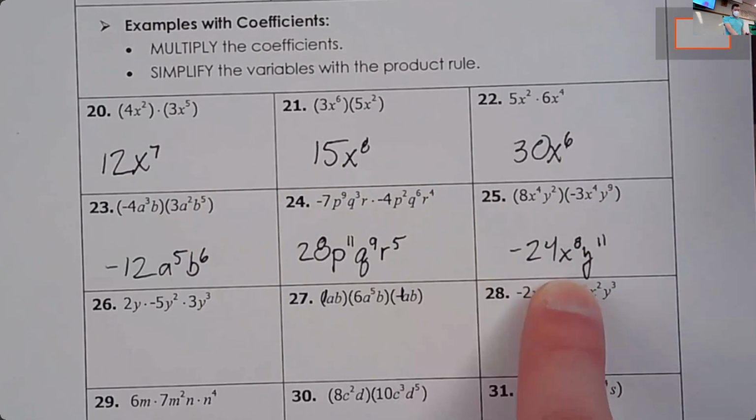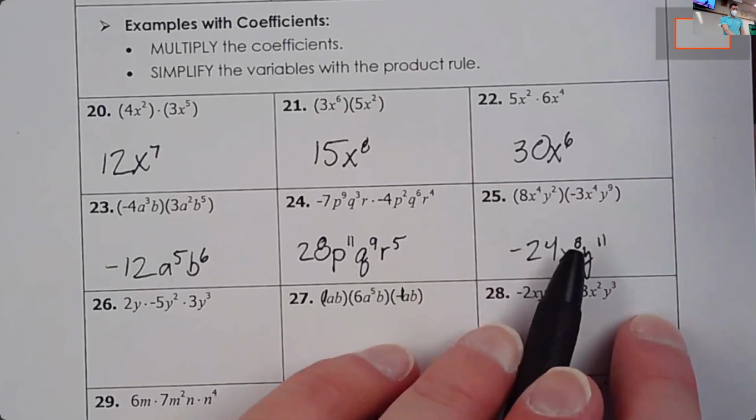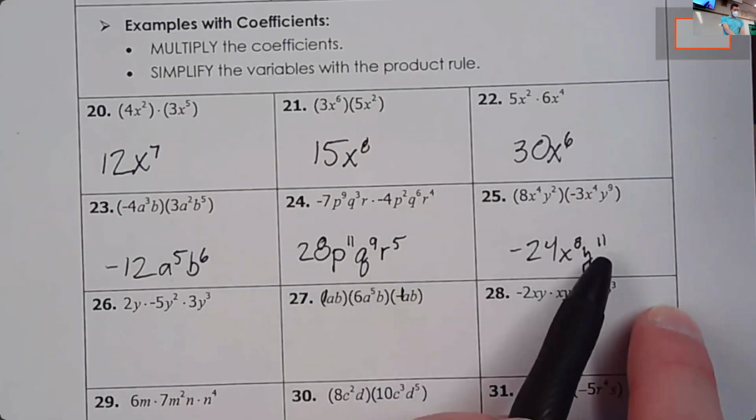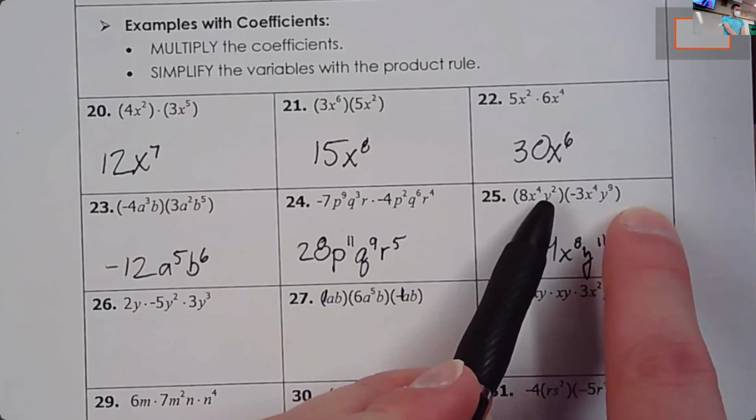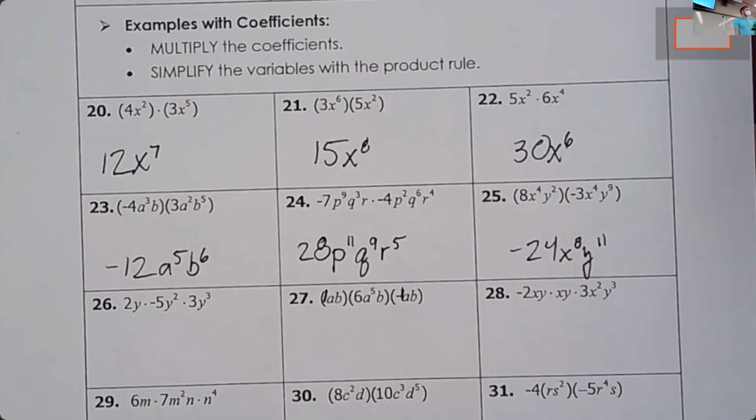And then x to the 8th power because x to the 4th and x to the 4th. Add the exponents to get 8. And then y to the 11th would be the y to the 2nd and y to the 9th. Add the exponents to get y to the 11th. Excellent. And if you have questions after we write an answer, if something doesn't quite make sense, you need a little bit more explanation, please let me know. I'm happy to help out with that. But that's it for 25.